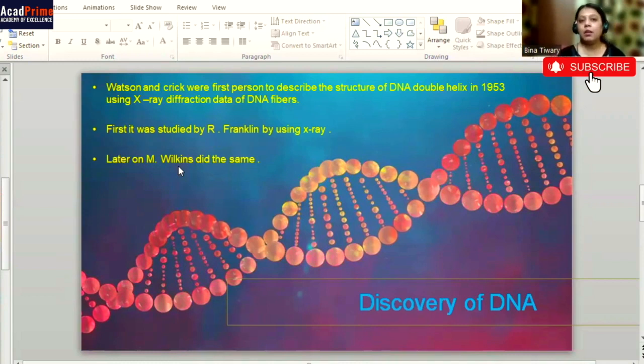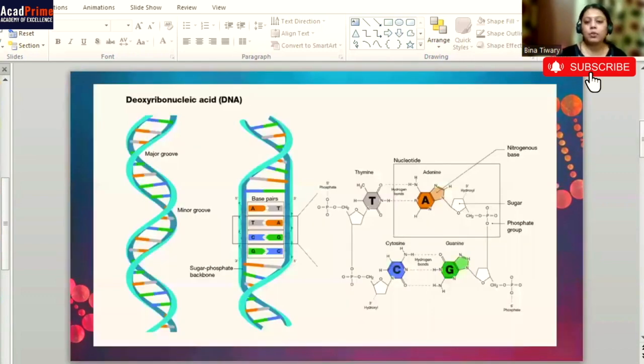They gave the structure of B-DNA. B-DNA is right-handed, and in between each twist and turn, it has 10 base pairs. As you can see here, the base pairs have some minor and some major grooves, and in between these minor and major grooves some base pairs are there, right?